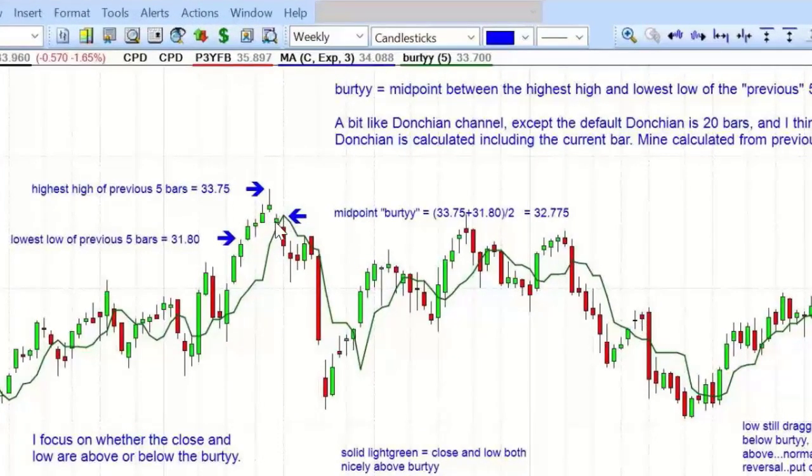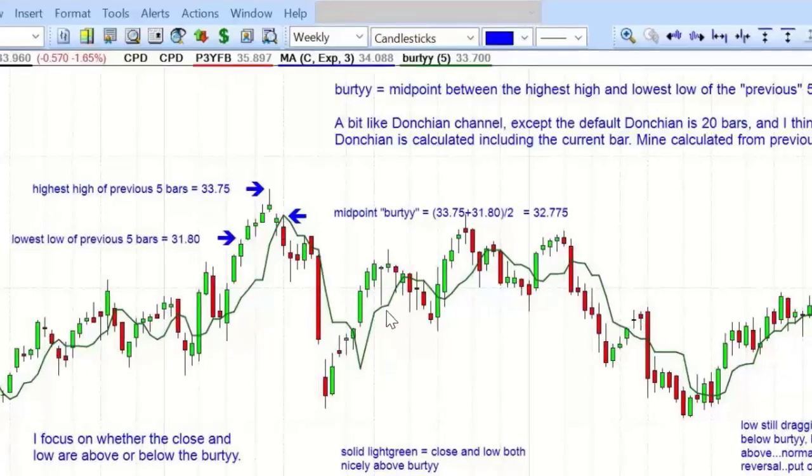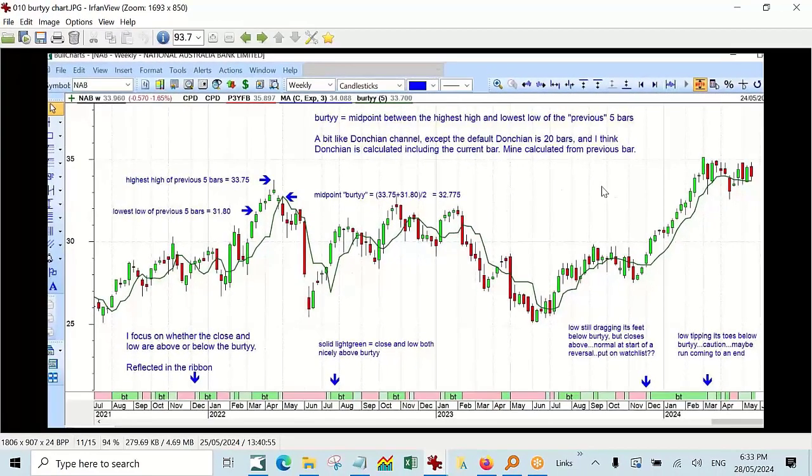Previous bar there, 1, 2, 3, 4, 5. That's the low point of those 5 bars. That's the high point. And the Burtyy is simply the midpoint. Add the two together, divide by 2, 32.75 at that point there, and so on, calculated all the way down here. It's just looking at the midpoint of the previous 5 bars.